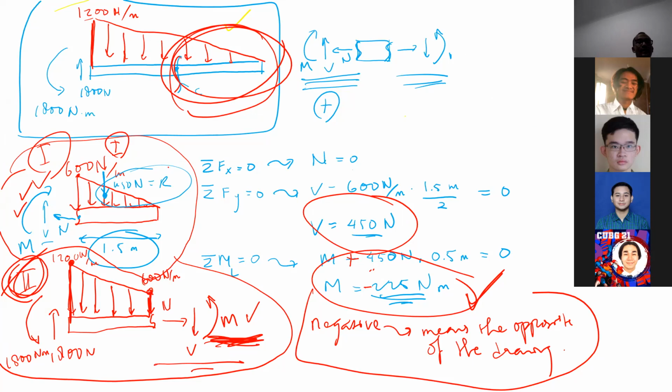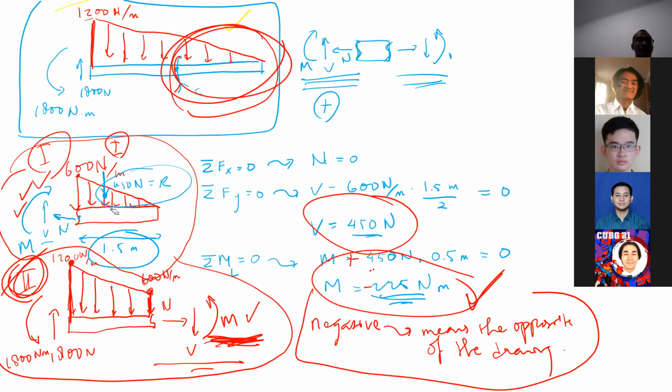So the resultant will be 450 Newton there. And the location is supposed to be 1/3 from the left or 2/3 from the right. So the location is 0.5 meters from the left.